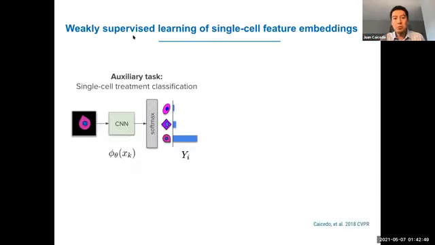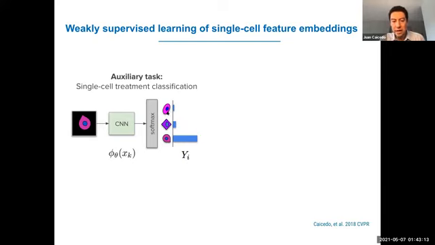Here we are using a weakly supervised learning method, which uses information about the compounds. So basically we take a cell and we run the cell through a neural network, and we ask, can you tell what was the compound that was applied to this cell? Because that's part of the experiment, and we know what was the compound. What we don't know is if the compound works or not.